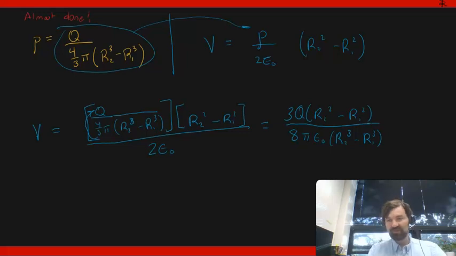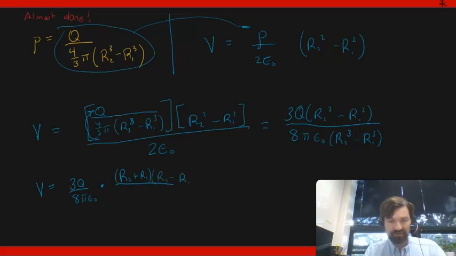Now it's this sum and difference of squares that we're interested in. So we've got 3q divided by 8 pi epsilon naught times, and then the numerator becomes R2 plus R1 times R2 minus R1.